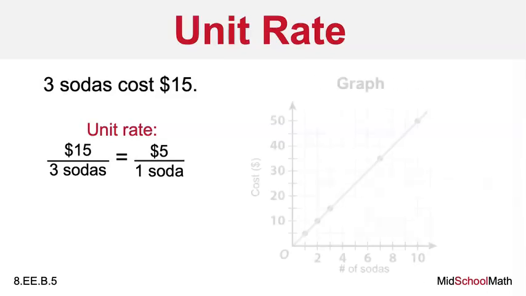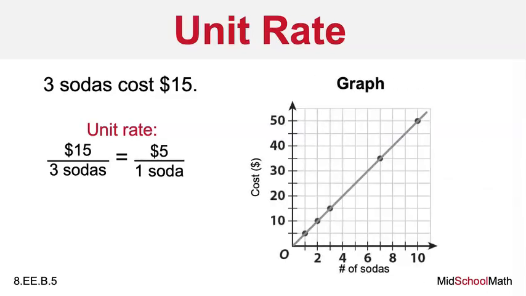We can also see the unit rate in a graph. Remember that in a proportional relationship where we have a straight line going through the origin like this one, the point when the x value is 1 shows us the unit rate. So here we see the point (1, 5), which tells us the unit rate is $5 per 1 soda.